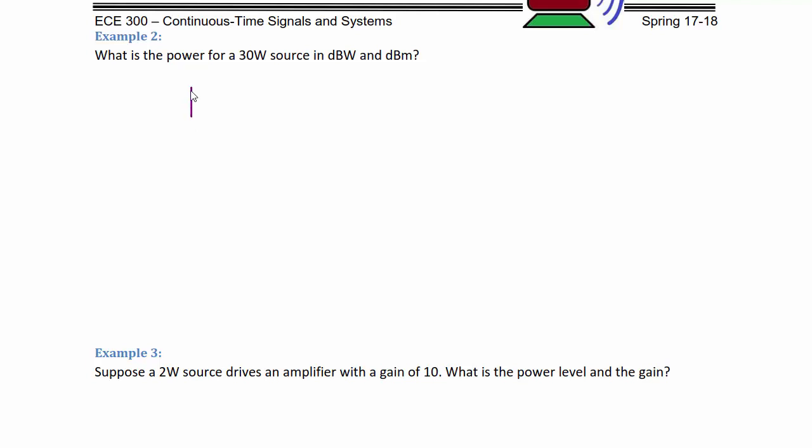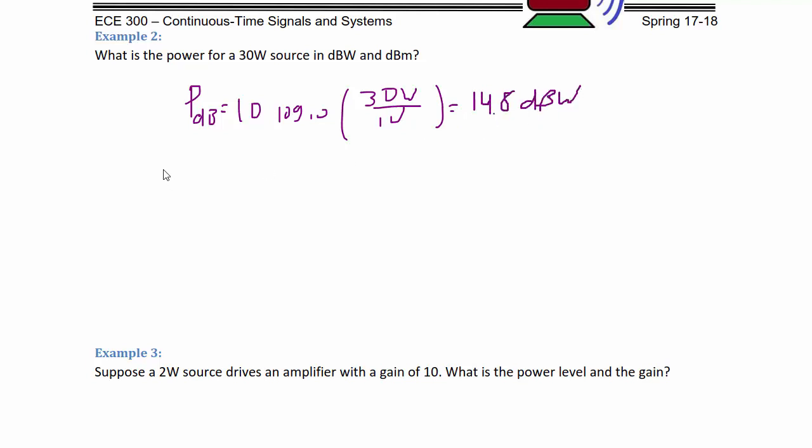So first, the power in decibels would be 10 log base 10 of 30 watts with respect to 1 watt. So that equals 14.8 dBW.